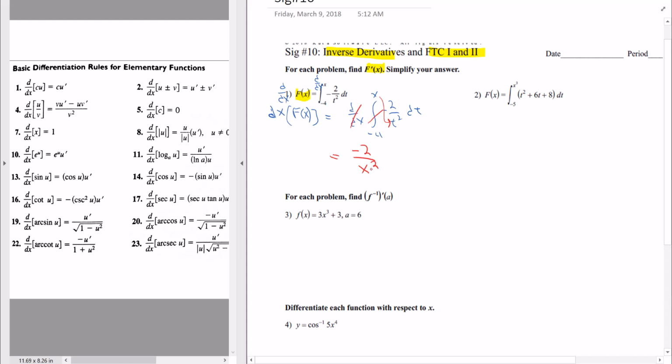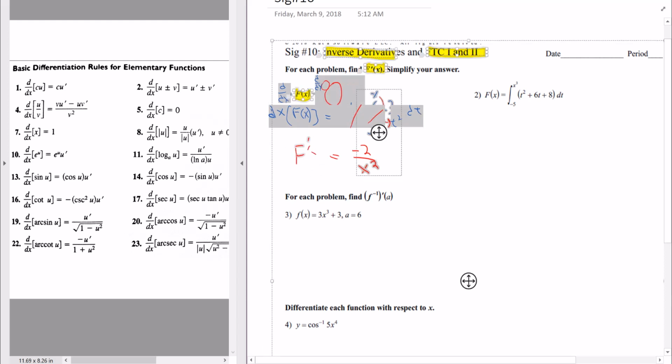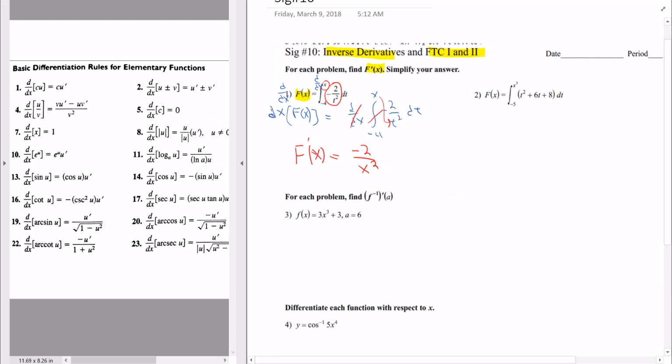Because the integral and the derivative cancel. You're just left with what you started with, except the variable is now that other variable that was up there, right? And then on the left hand side, the derivative of f of x is f prime of x. So we have f prime of x like such. There's no negative on it, right? So it's pretty straightforward.